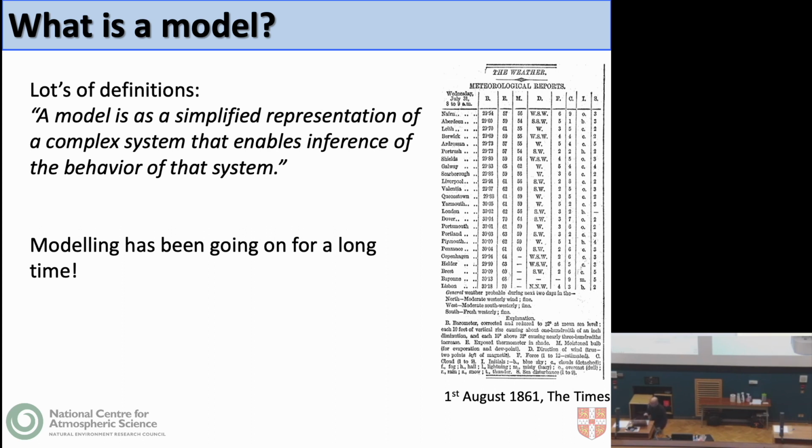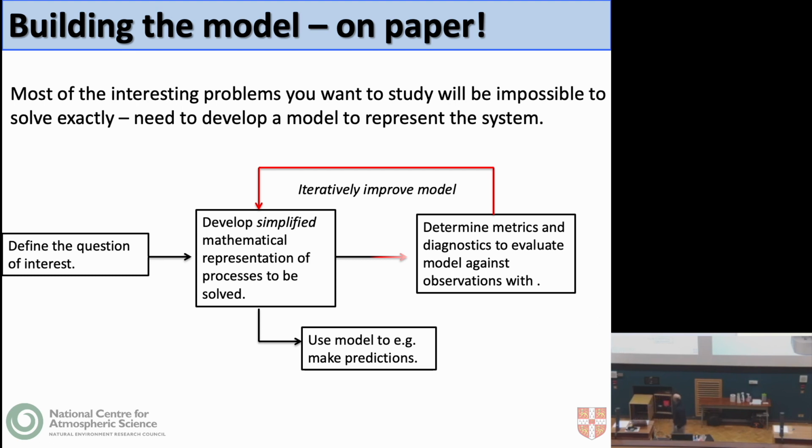But essentially, when we think about what a model is, one idea is to just start on paper and write out what we think the question is that we're trying to solve first. So we define our question, and then we think about developing a mathematical representation, as simple as possible, of the processes that we think are involved.